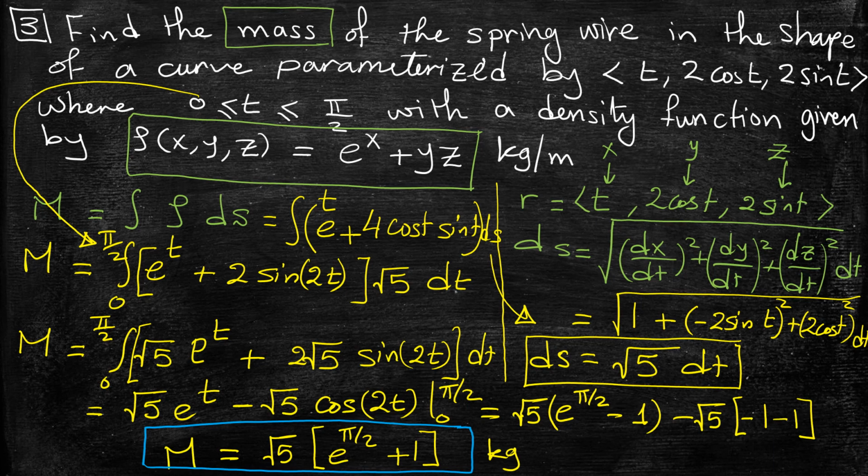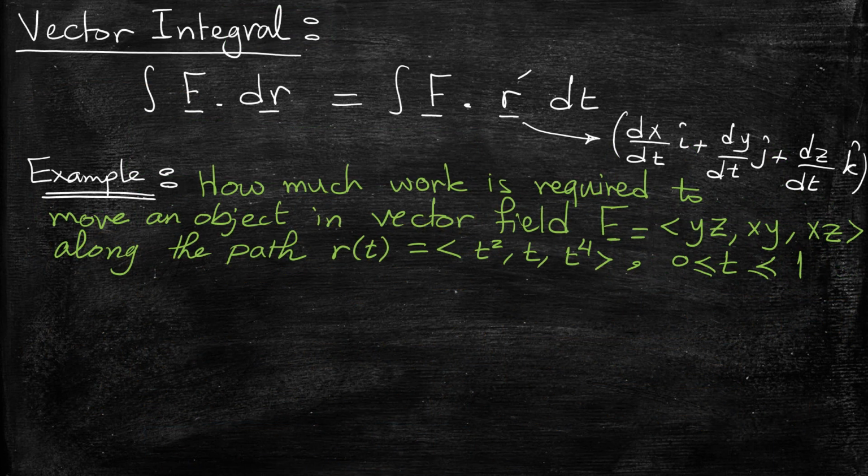So let's move forward to the other one. Instead of having f defined as a scalar function, like what we did previously when defining the length or the mass or a charge, we now need to find the integral of some vector quantities. So this is the other type of line integral, the vector integral.